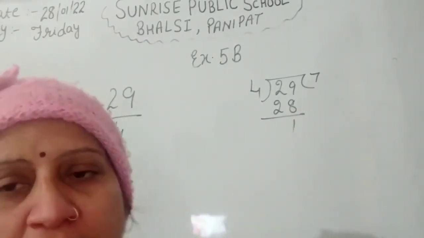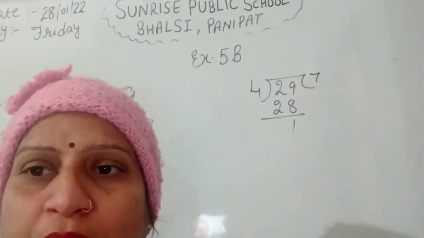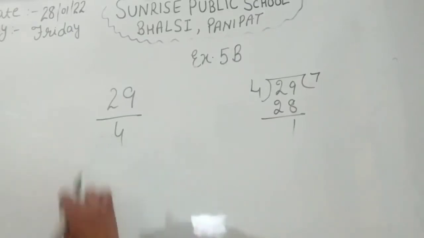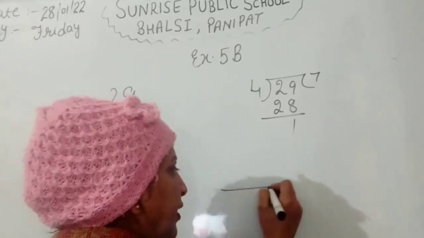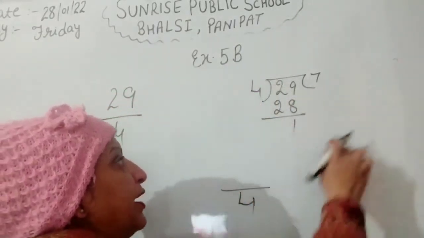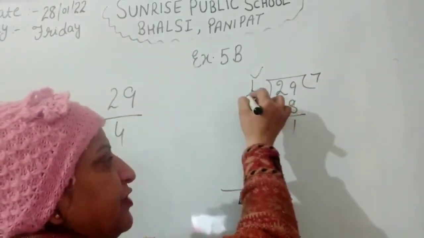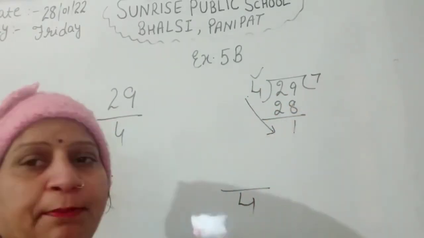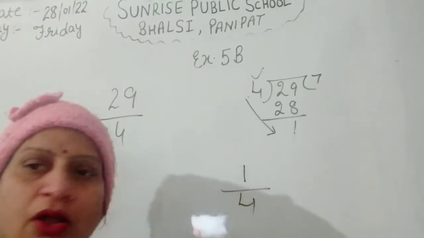Now the turn is how to write this as a mixed fraction. First of all, in the denominator we have the number 4. So we draw a line and write 4 here. And the quotient 7 is written before the line, at the whole-number position. After that we write the remainder 1 in the upper part, above the 4.